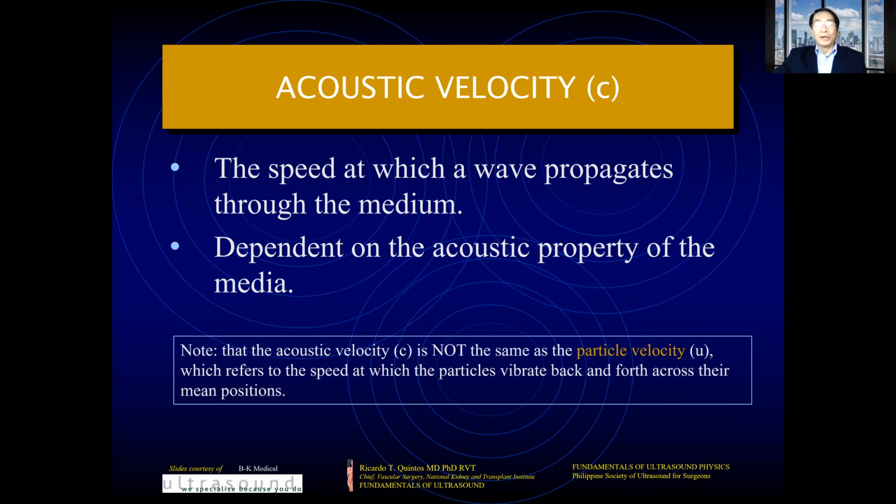Particle velocity refers to the speed at which the particles vibrate back and forth across their mean positions without any mention of the medium. But the acoustic velocity is the speed at which the wave moves through the medium. And there are many different characteristics of the medium that will affect wave propagation through it.